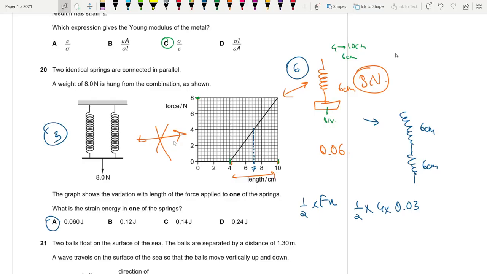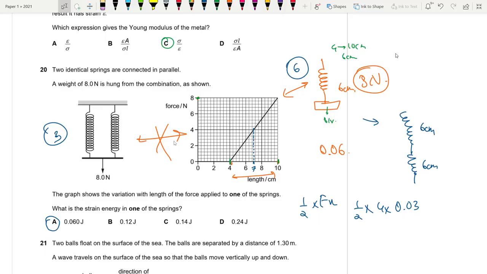Now, what happens if the same weight is shared by two springs? The logic is if two identical springs are arranged in parallel, then the weight is shared among them and the extension becomes halved. It becomes half of the original. So the original one was actually 6 centimeters, but the new extension will now be 3 centimeters. Are we clear?